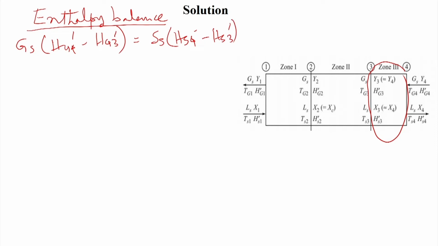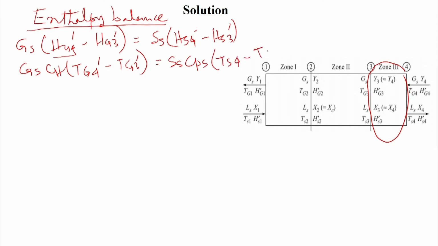We can convert this in terms of H, writing in the form of Ch into temperature, or Gs into Ch into Tg4 prime minus Tg3 prime is equal to Ss into Cps into Ts4 prime minus Ts3 prime.